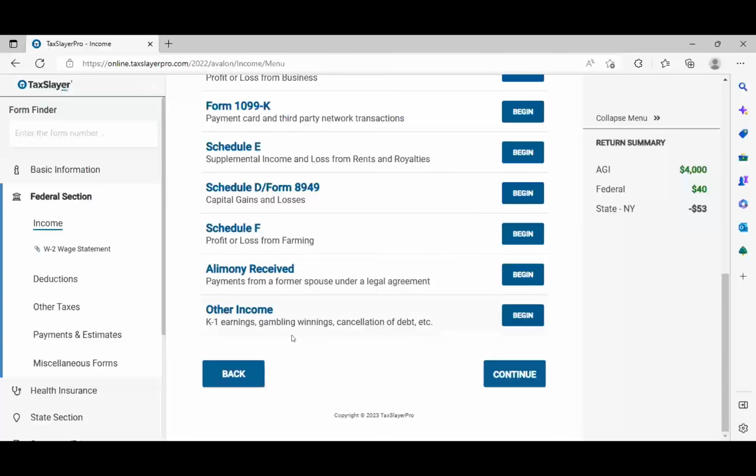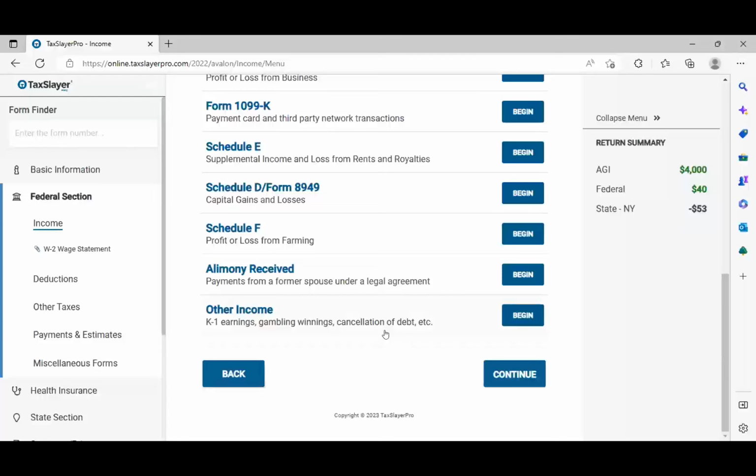Gambling winnings, we talked about our gamblers who perhaps won the Kentucky Derby or hit big on a slot machine at a casino. They'll probably get a form. We'll enter the gambling winnings there. Cancellation of debt is an involved topic too. If you have somebody with, I believe, a 1099-C, cancellation of debt, there's a special treatment of debt.